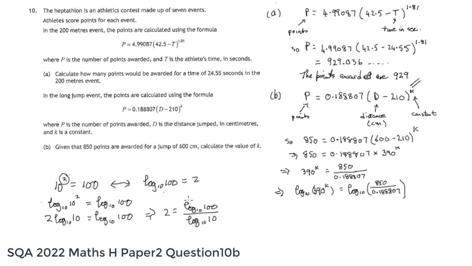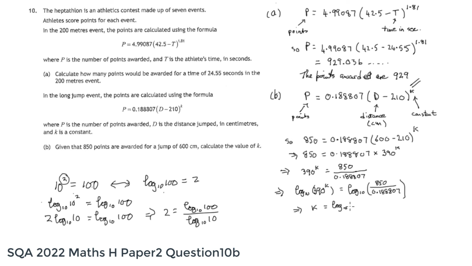And then I'll mimic what I did down here. I'll bring that k down to the front. So it's k times log to the base 10 of 390, and then I'll divide by the log to the base 10 of 390, just like I did here with the log to the base 10 of 10. Incidentally, log to the base 10 of 10 is 1, giving just the log statement.